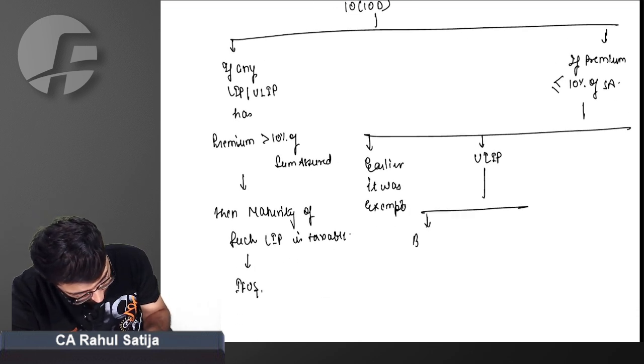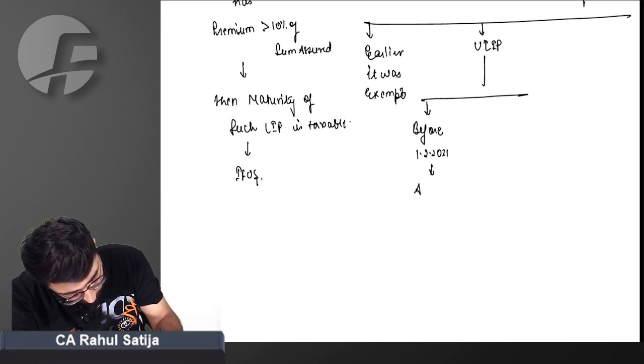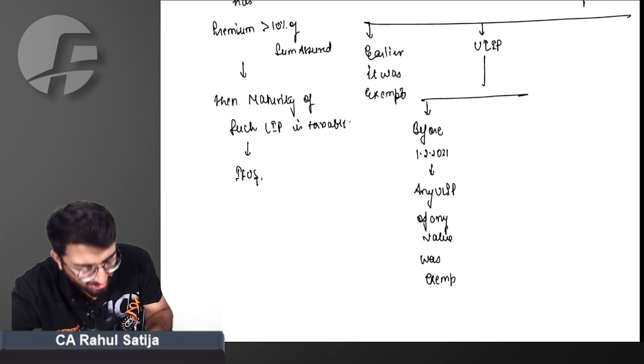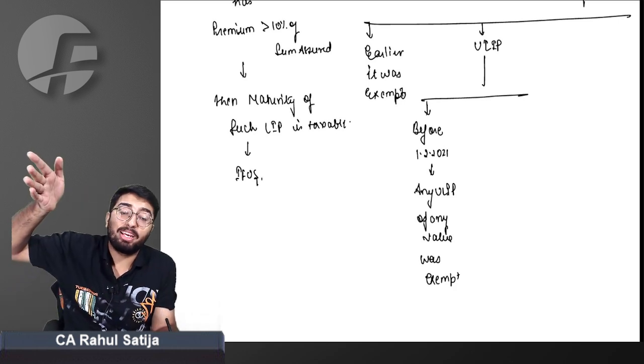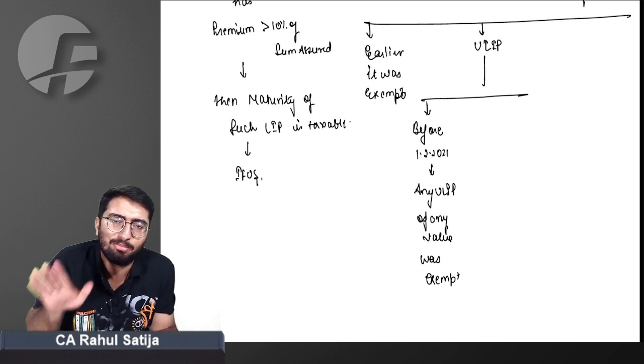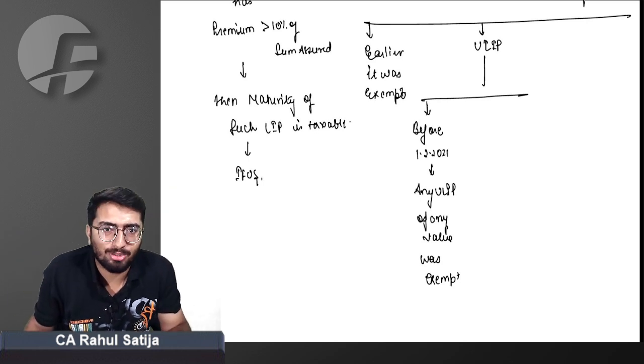Before 1st Feb 2021, any ULIP of any value was exempt. The only condition was that premium paid has to be less than or equal to 10% of the sum assured.